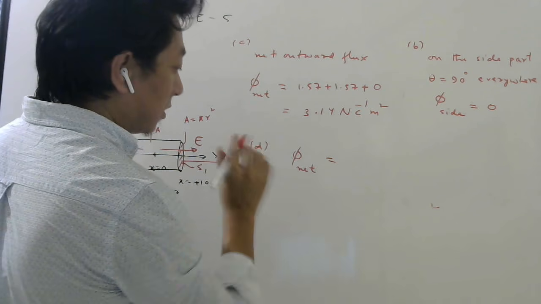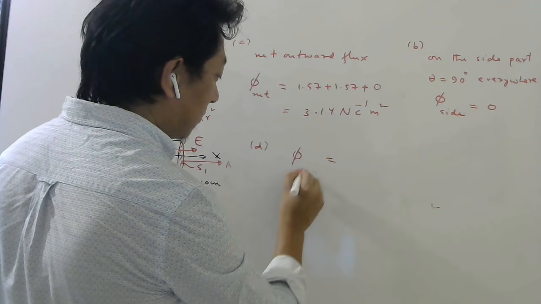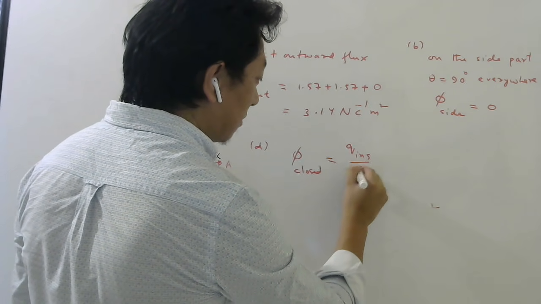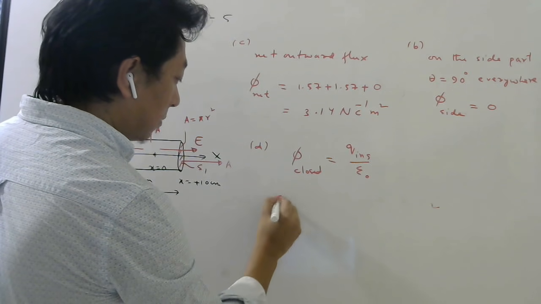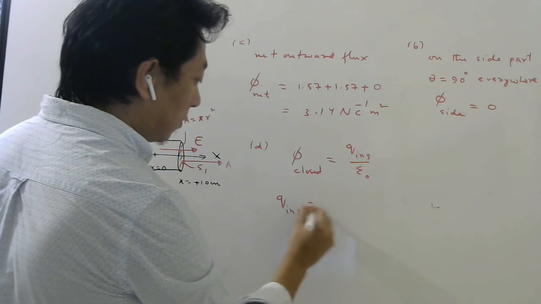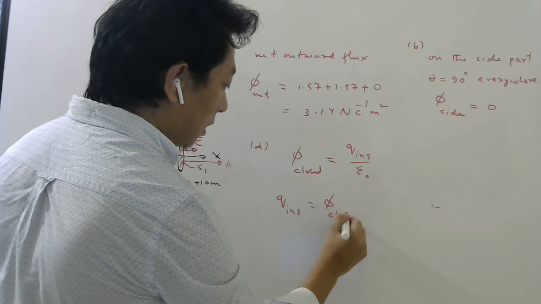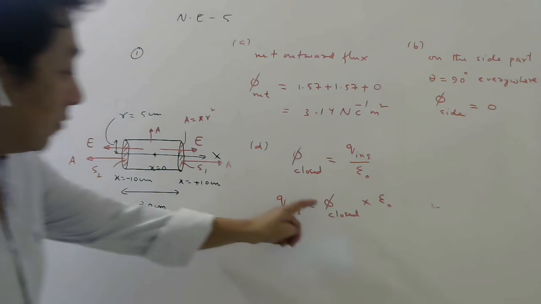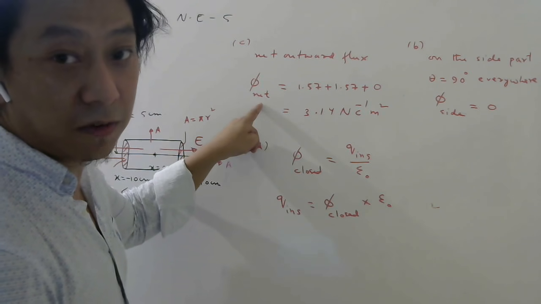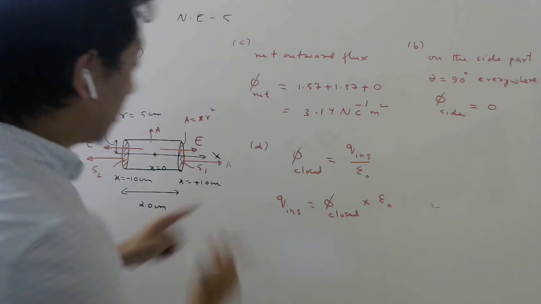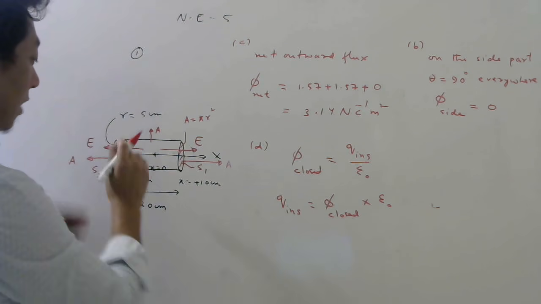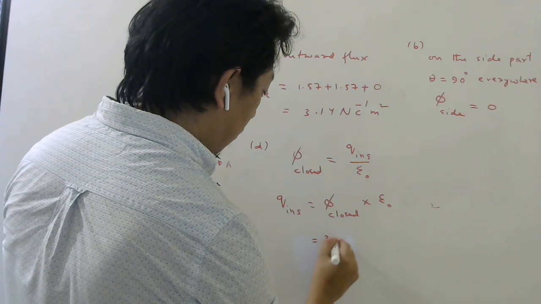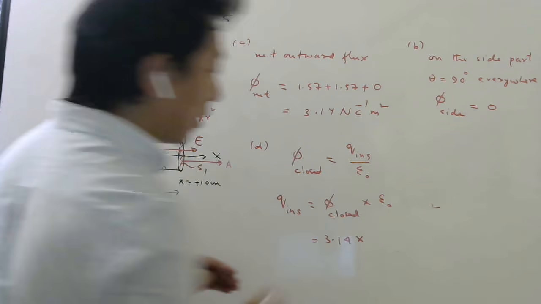The net flux through a closed surface is equal to the charge inside divided by epsilon naught. So if you cross multiply, the charge inside will be the net flux through the closed surface times epsilon naught. Now the net flux through the closed surface is this itself, because this is the sum of the flux through this part, this part, and this part. So the total flux is 3.14 into, what is the value of epsilon naught?